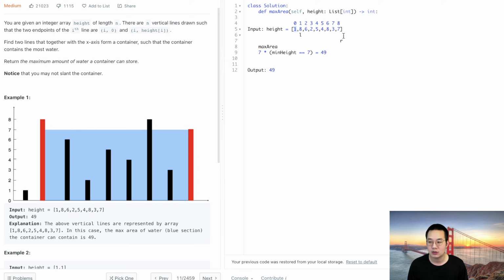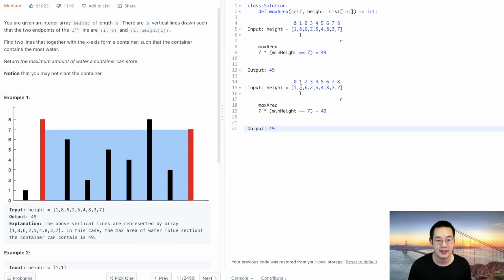We do need to go until the left and right pointers cross, because there might be a case where we have an extremely high item, let's say 100 here and 100 here. This might have a difference in x of 1, but the minimum height between the two is 100, giving us a total of 100.